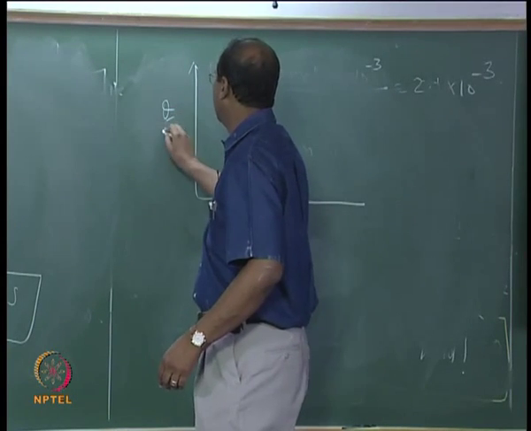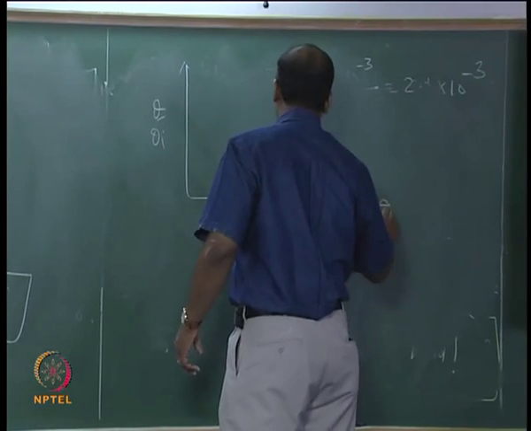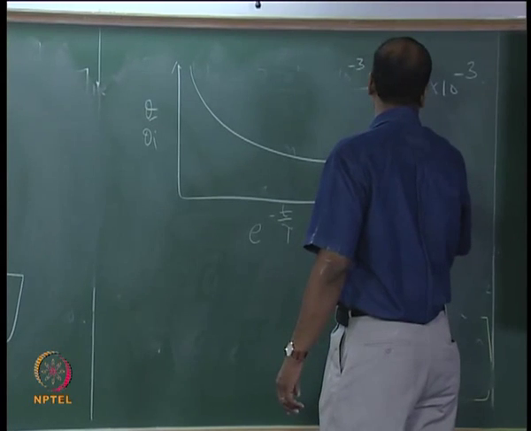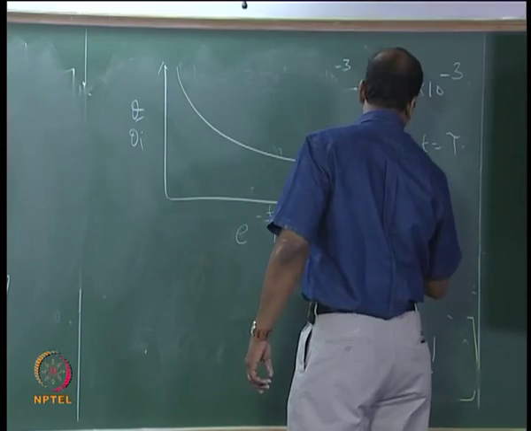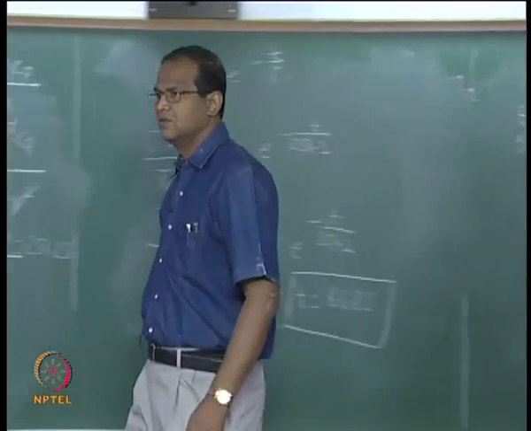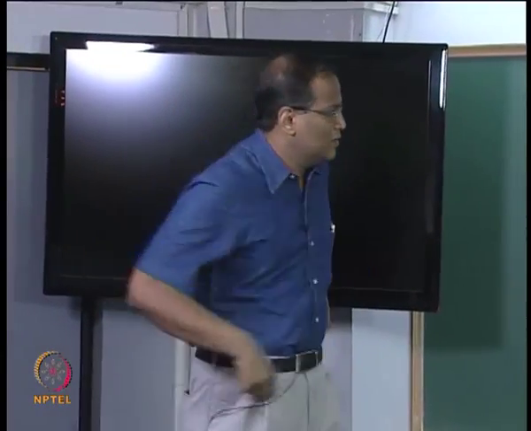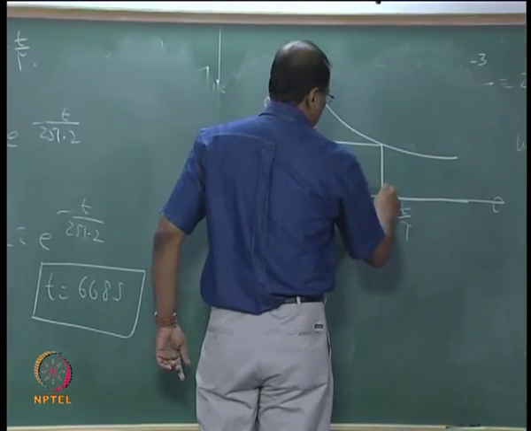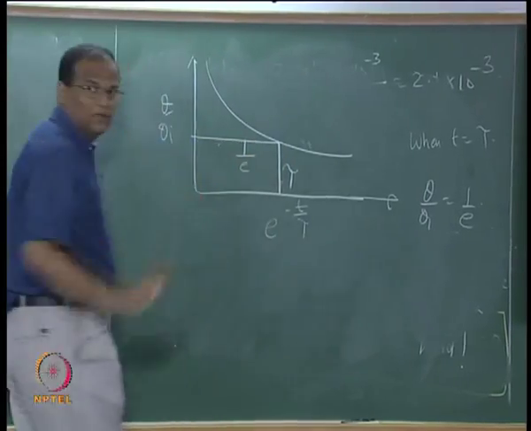So theta by theta I, when t is equal to tau, is 1 by e, correct? Did I mess it up or is it okay? 1 by e.